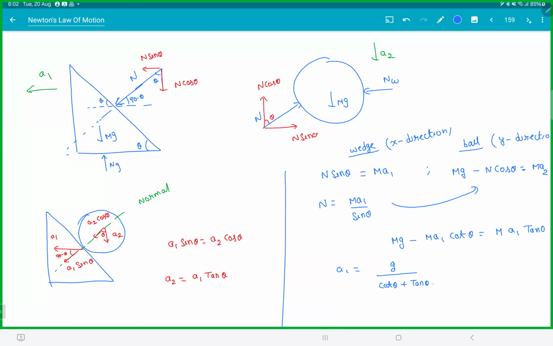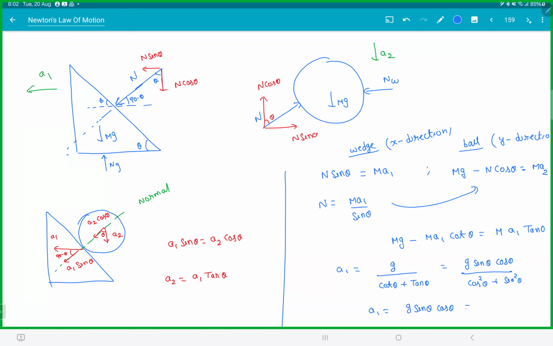That will be g sin theta cos theta by cos square theta plus sin square theta, which is 1. So a1 would be g sin theta cos theta.